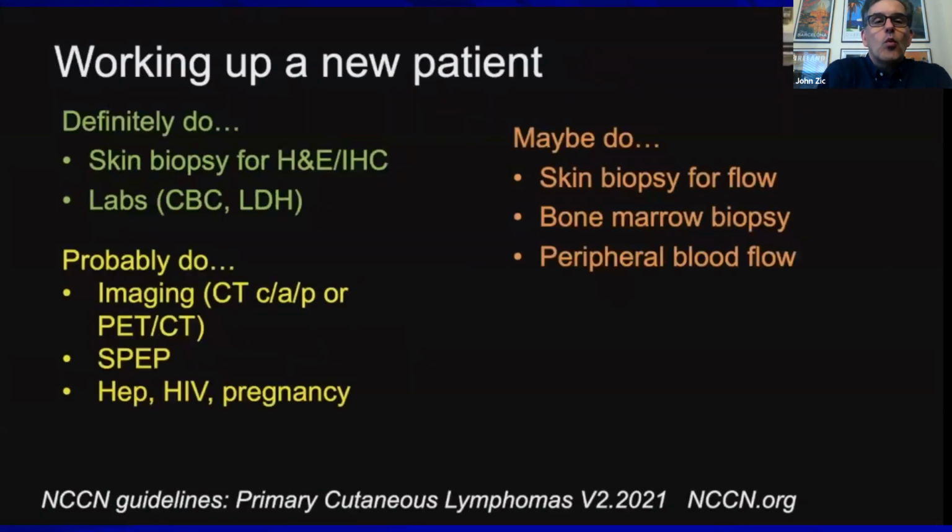And one topic that Dr. Shinohara touched on, which is important, is how do we work up a new patient? Usually these patients will present with a nodule or a papule that might be on the head and neck, chest, back, lower extremities. They could be actually anywhere on the skin. And a biopsy is done by a dermatologist, and oftentimes the dermatologist is not suspecting a cutaneous B-cell lymphoma.